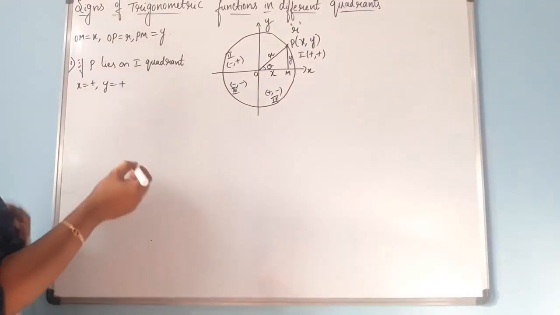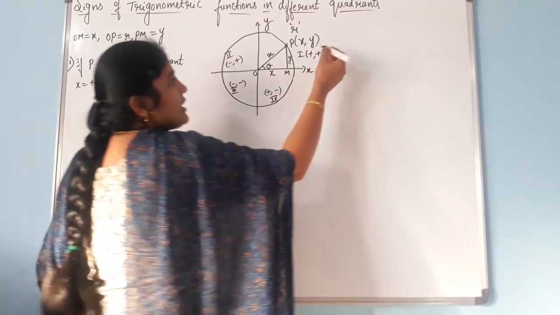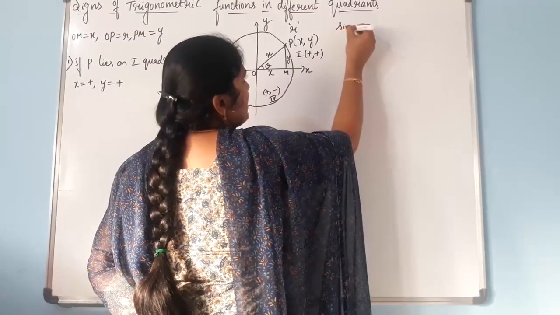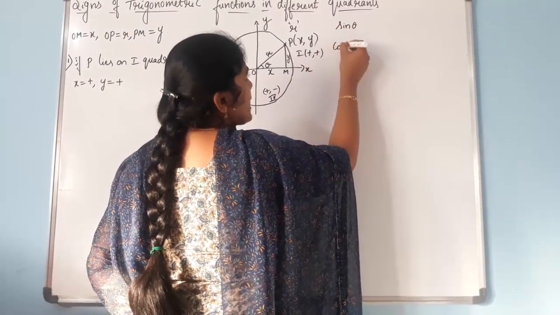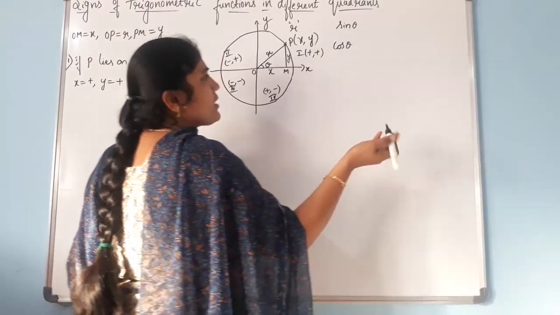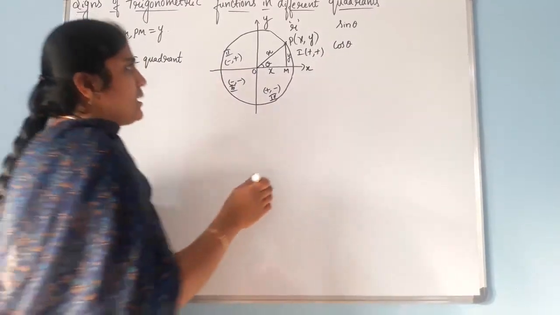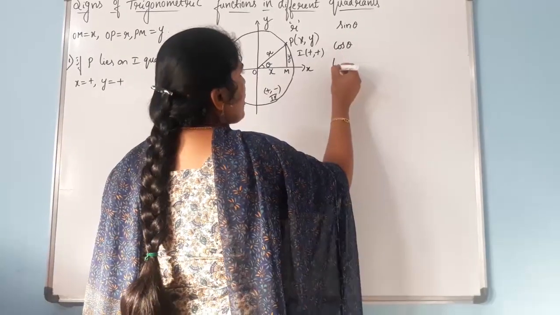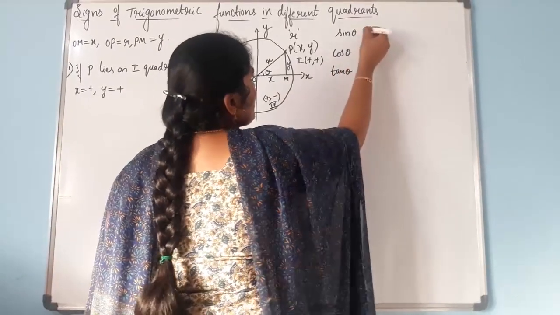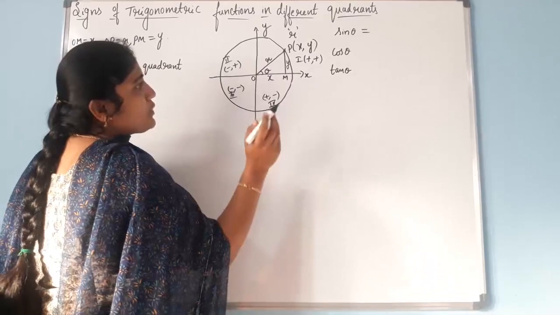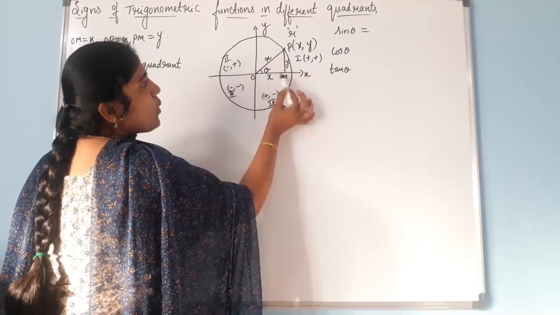Before going to that, I will write the definition of sin, cos and tan. Here I will explain the 3 trigonometric ratios, and you know the reciprocals of them. Sin theta, cos theta, tan theta. What is the definition of sin theta, by using the triangle POM?